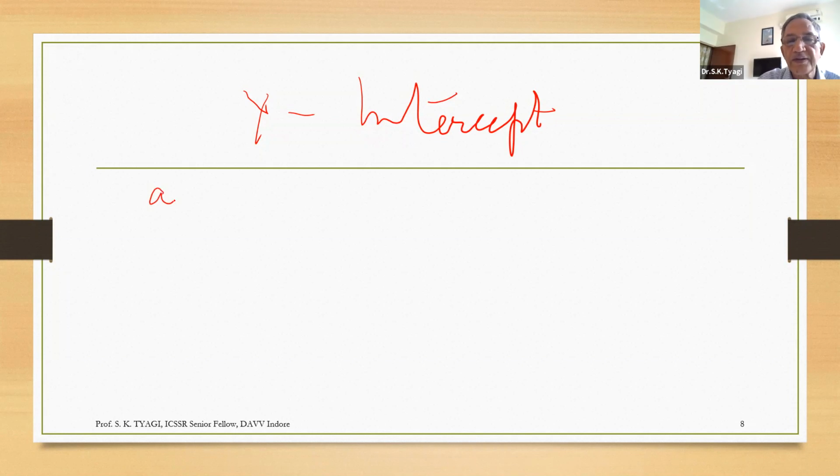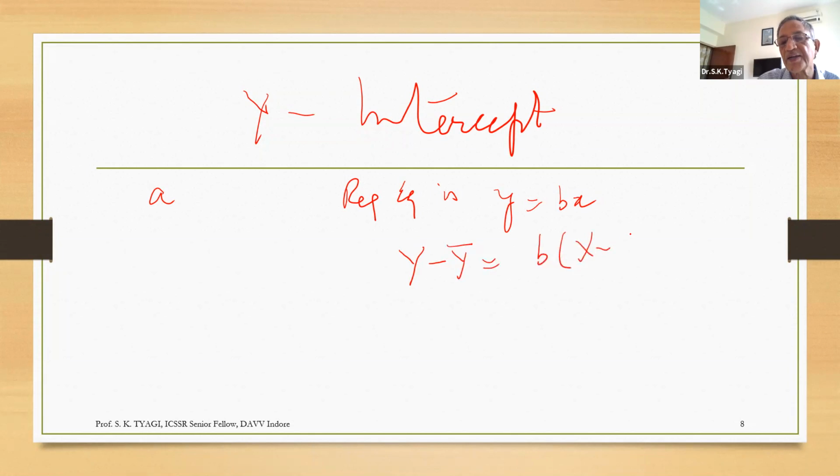So we know that the regression equation in deviation form is y = bx, where y is y minus y bar, and x is x minus x bar.